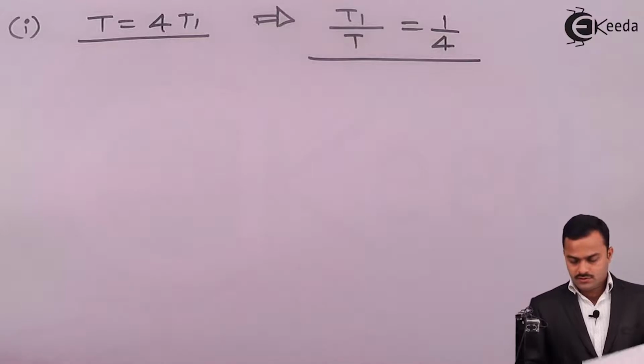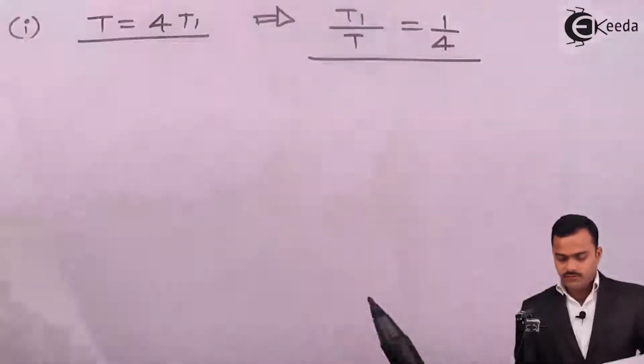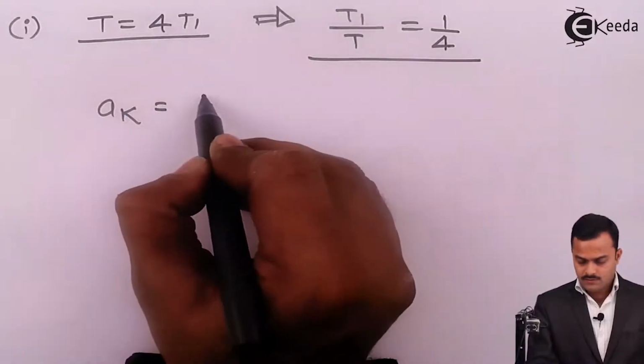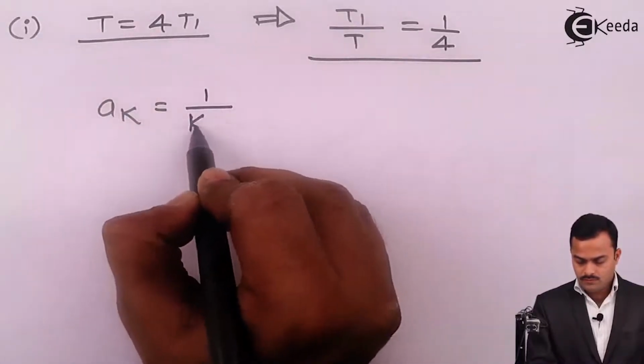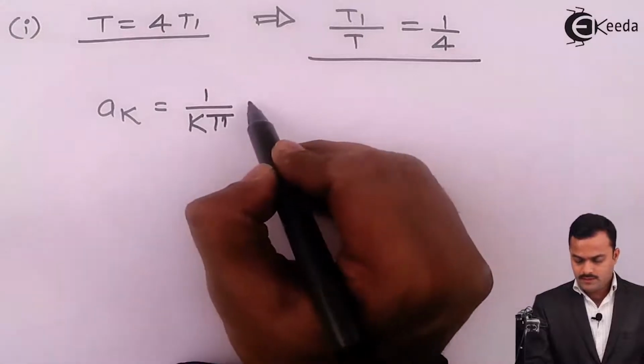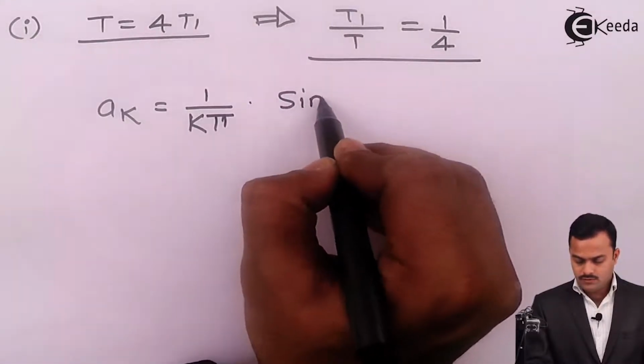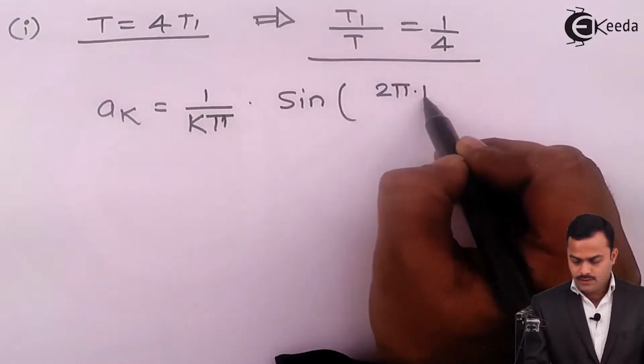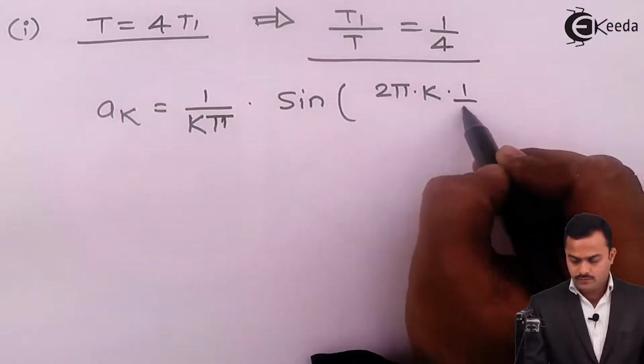So if you use this ratio over here, we will get ak as 1 upon k pi into sine 2 pi into k into 1 by 4.